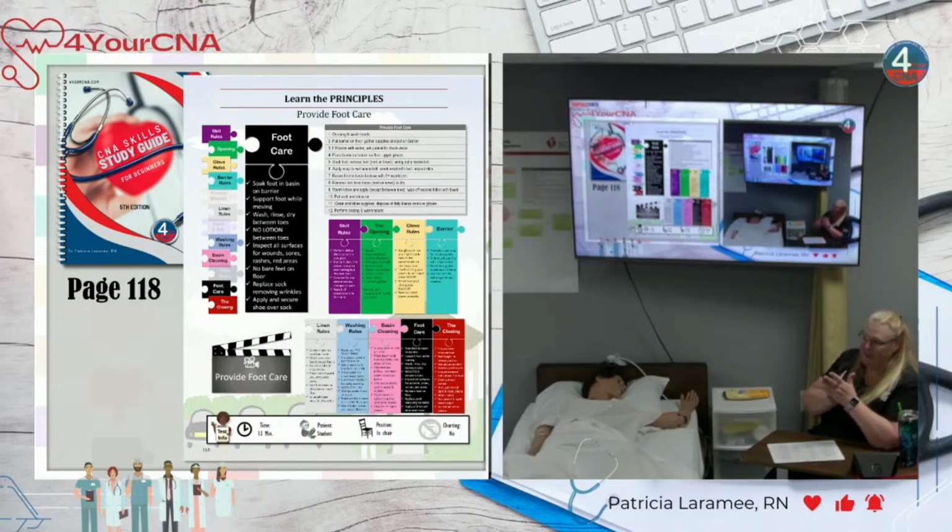So as CNAs, our responsibility is to look at the foot. If we notice that the foot needs any kind of attention, we let the nurse know. The nurse puts the patient on a podiatry list. And then when the podiatrist comes in once a month, they see everybody on the list. So the only way for the patient to get seen by the podiatrist is for us to do foot care, recognize there's a problem, and report it.